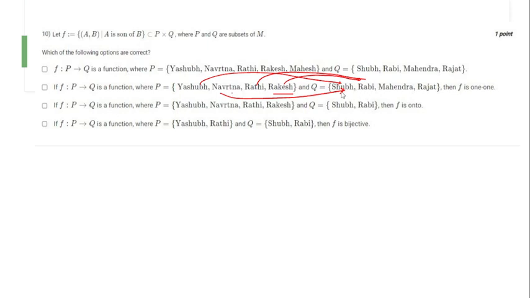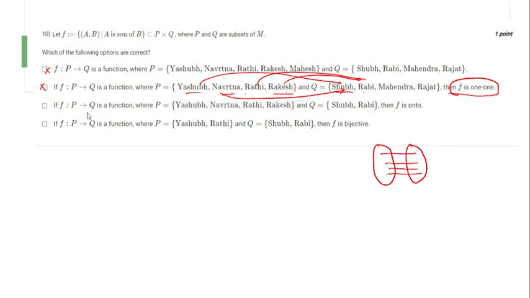Then it states that this is 1-1. So this is not 1-1. In the 1-1 case, one identity should match with a unique identity. But here Ysubh and Navratna are matched to Subh, so that's why this is not 1-1.